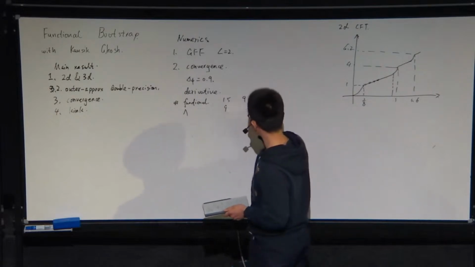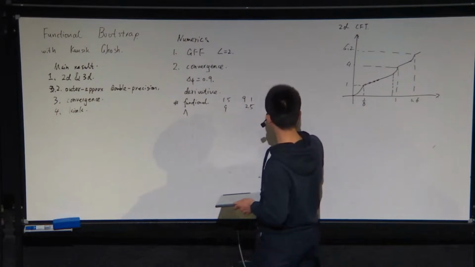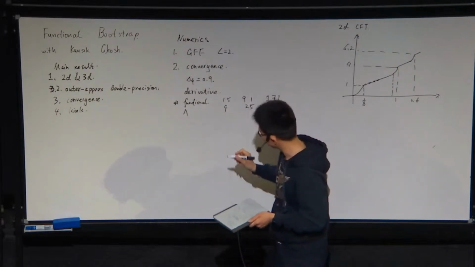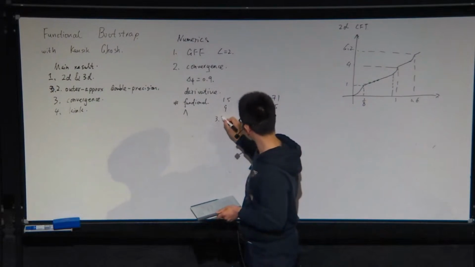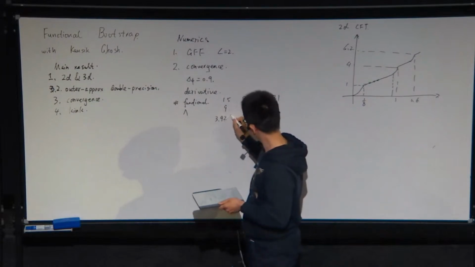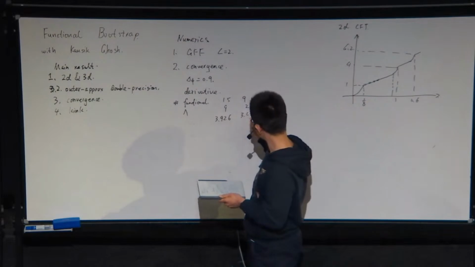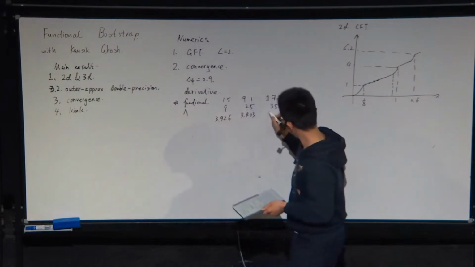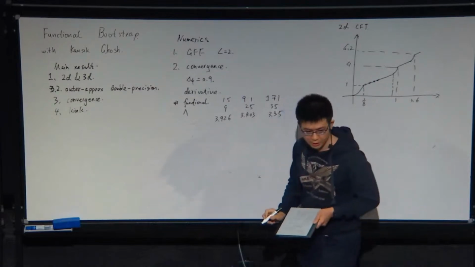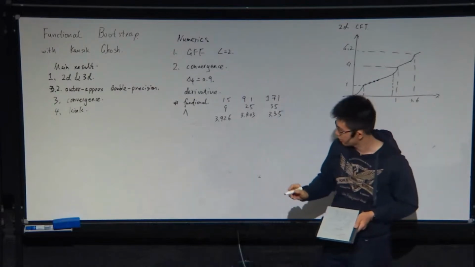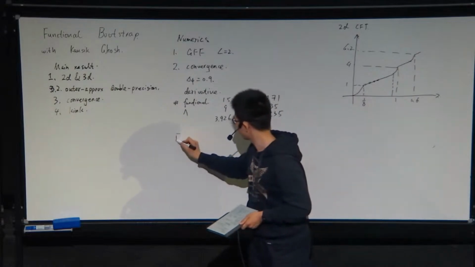Here it corresponds to 9, 25, and 35. What is the upper bound? Well, here it is 3.0926, 3.403, 3.35. Okay, then we give some data on the functional bootstrap.